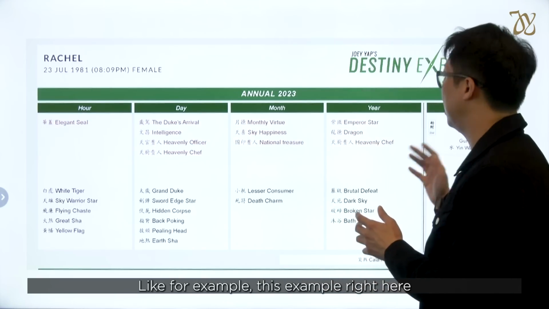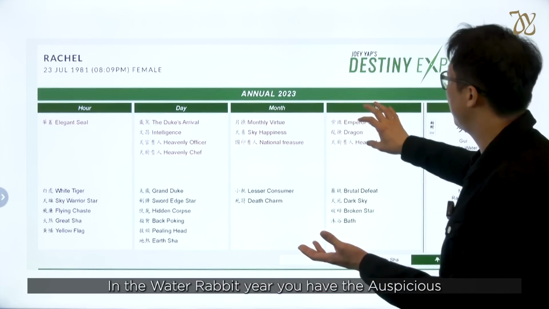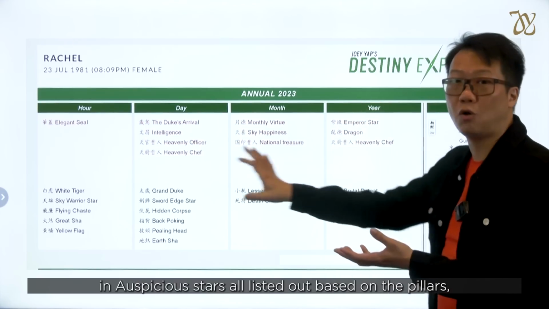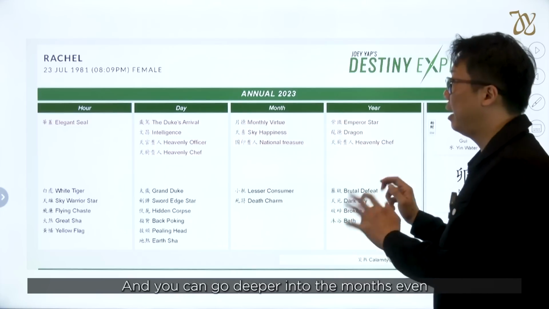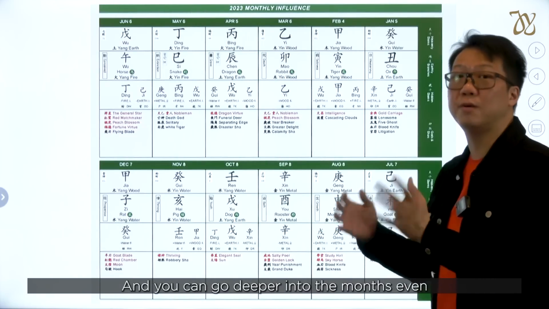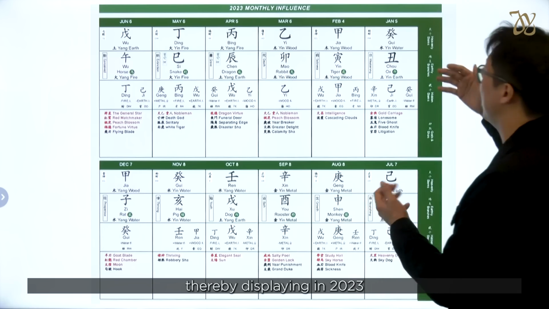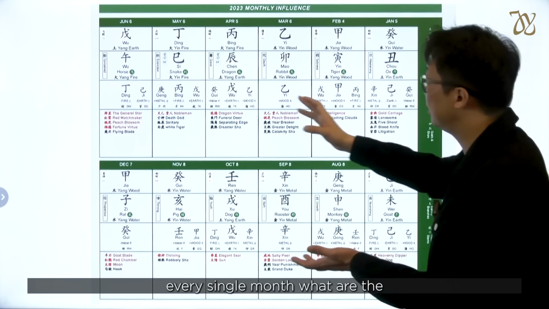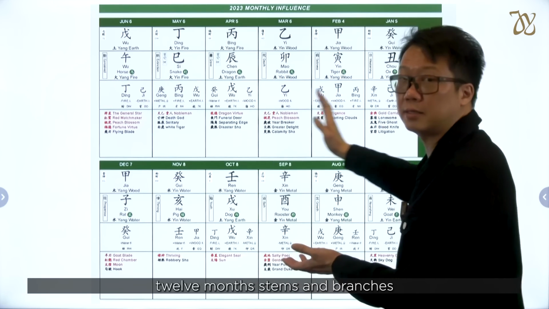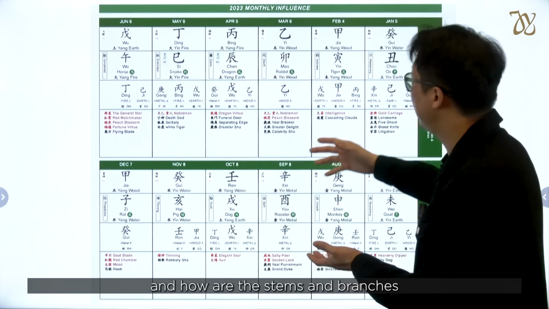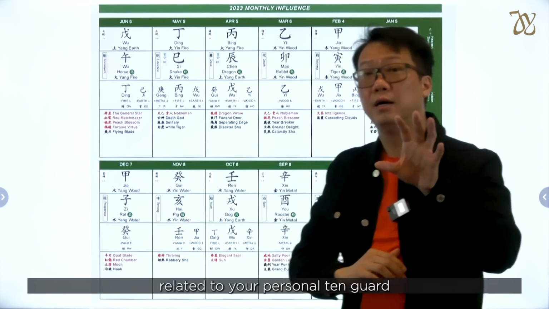Like, for example, this example right here is the year of the water rabbit. In the water rabbit year, you have the auspicious and inauspicious stars all listed out based on the 4 pillars of your chart. And you can go deeper into the months even, thereby displaying in 2023 every single month what are the 12 months' stems and branches, and how are the stems and branches related to your personal 10 gods.